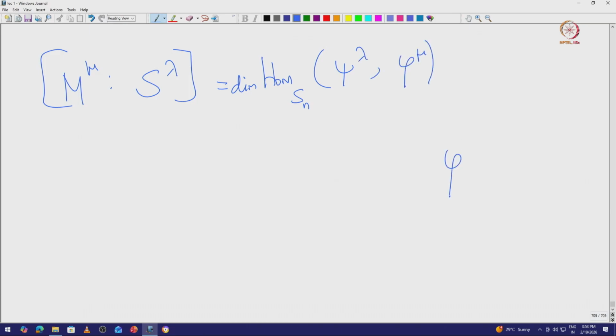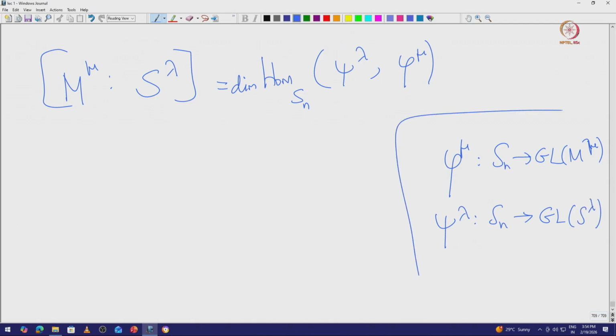Recall phi mu is the representation from Sn to GL of M mu, and xi lambda by definition is the representation of S lambda, which we introduced before.